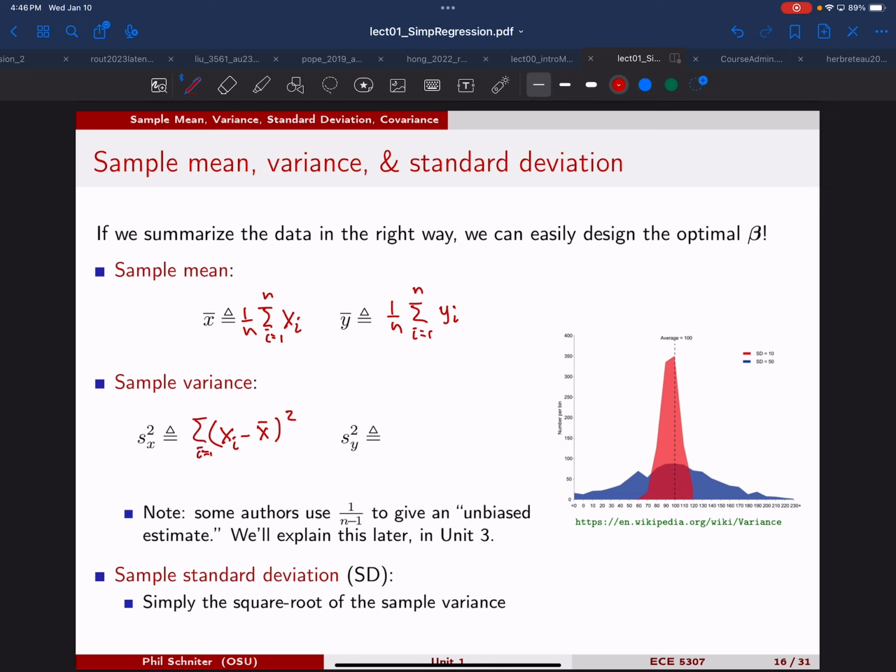We're going to sum over that, and we're going to average, 1 over n in front of that. So that is going to be the sample variance. We can do that with x's, and we can do that with the y's: 1 over n times the sum of the quantity yi minus y bar squared.